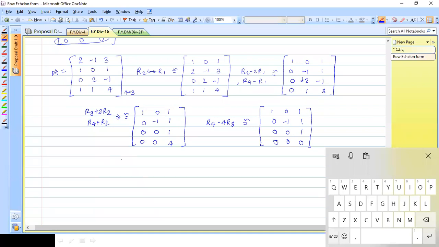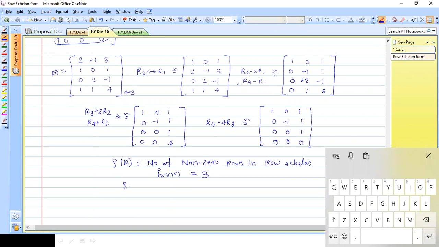So the rank of the given matrix is equal to the number of non-zero rows in row echelon form, which is equal to 3.